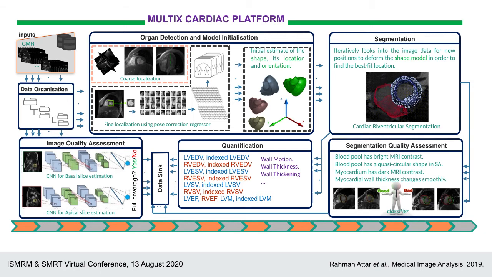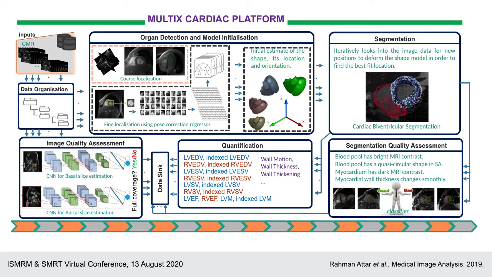We see here from the input to data organization, and then to the image quality assessment. In this image quality assessment, we used deep learning nets to detect whether the images are good or not based on the full coverage of the heart.